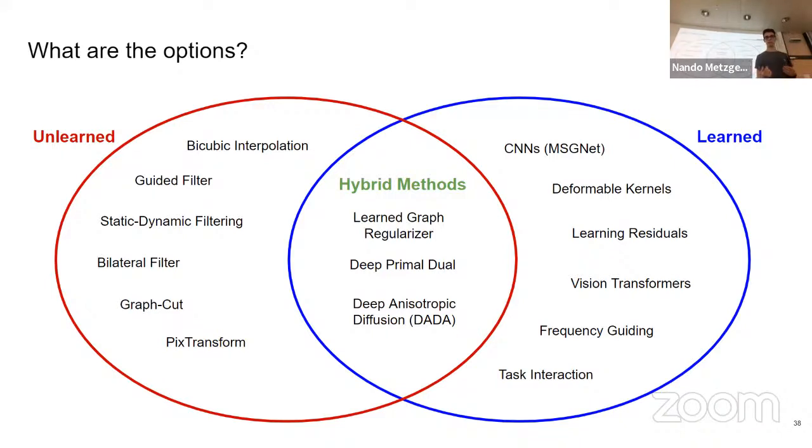And then it should become more performant. And recently in the last 2 or 3 years, those hybrid methods became quite popular. And therefore, we also decided to develop our own hybrid method, which is called DADA, and it stands for Deep Anisotropic Diffusion and Adjustment.